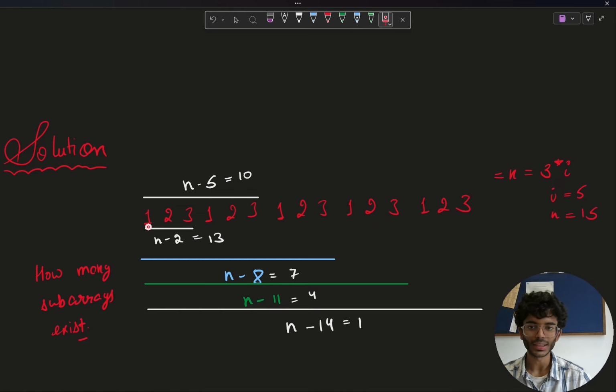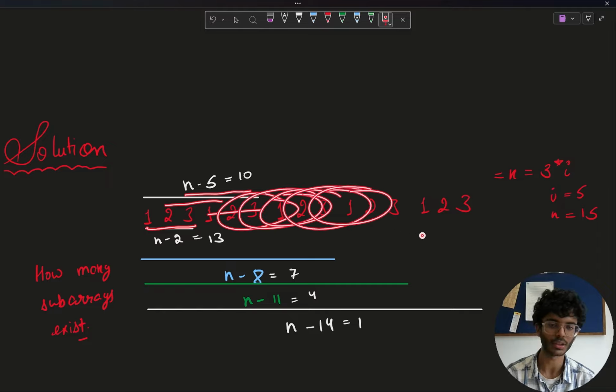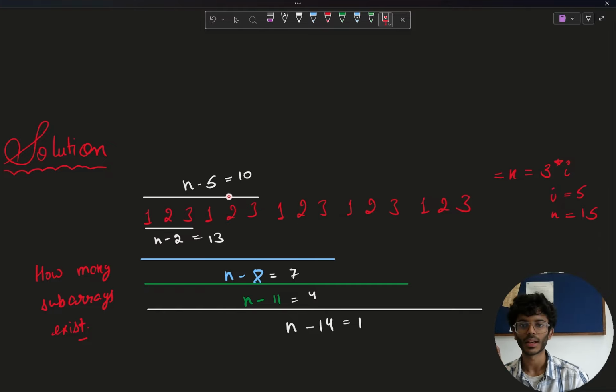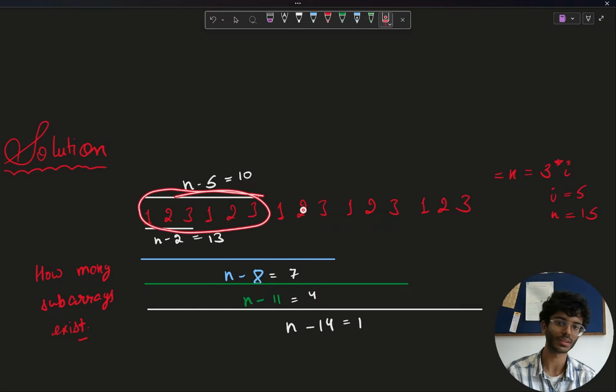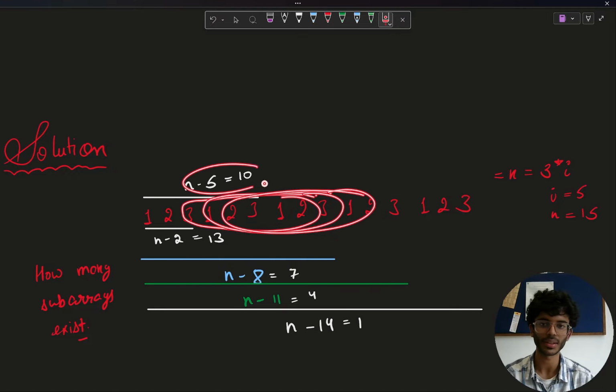So there would be exactly 13 balanced subarrays of this form, 1, 2, 3, then this, then this, and so on. And there would be exactly n minus 5 balanced subarrays of these six values, 1, then 2, then 3, then 4, 5, and so on up till n minus 5 such subarrays.